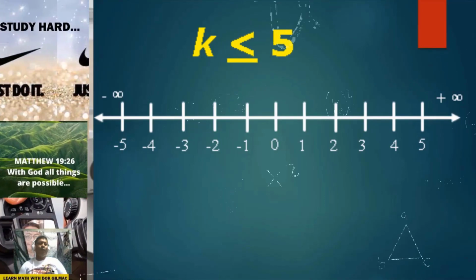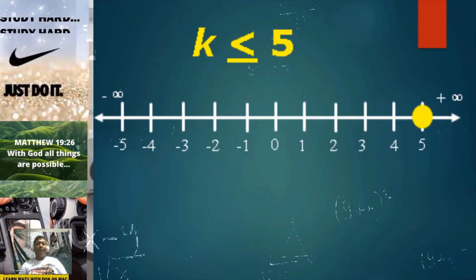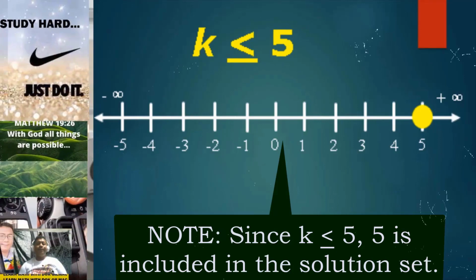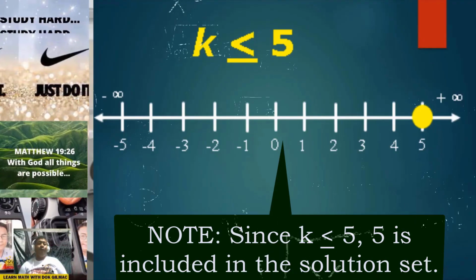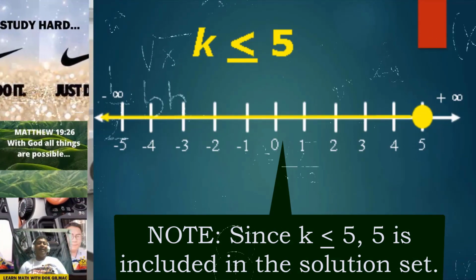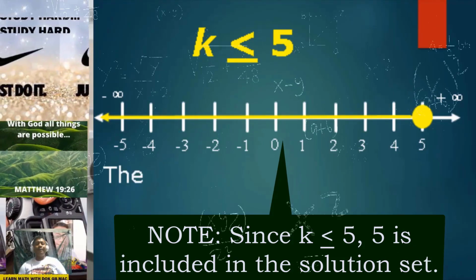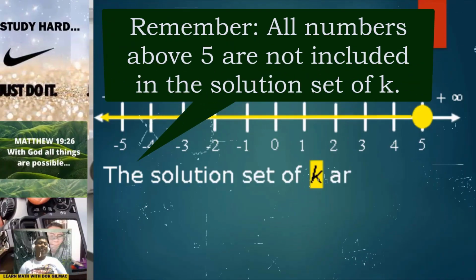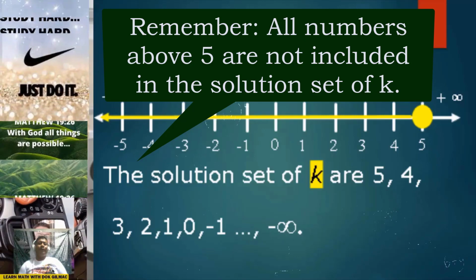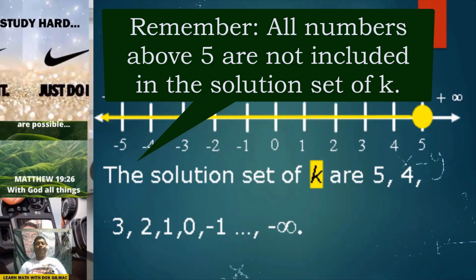We're going to draw a closed circle at 5, as you can see here, and we're going to draw a line segment to the left of 5, since k is less than or equal to 5. Hence, the solution set of k are 5, 4, 3, 2, 1, 0, negative 1, up to negative infinity.